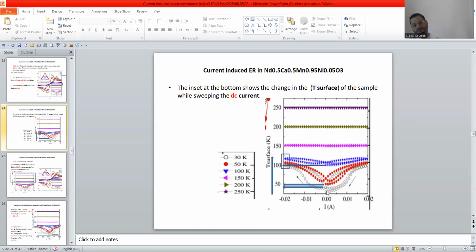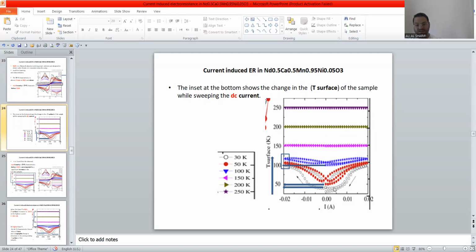Let's take the white ball, starting from 30 Kelvin and increasing to approximately 100 Kelvin. Or let's take the right side from 0 at 30 Kelvin.